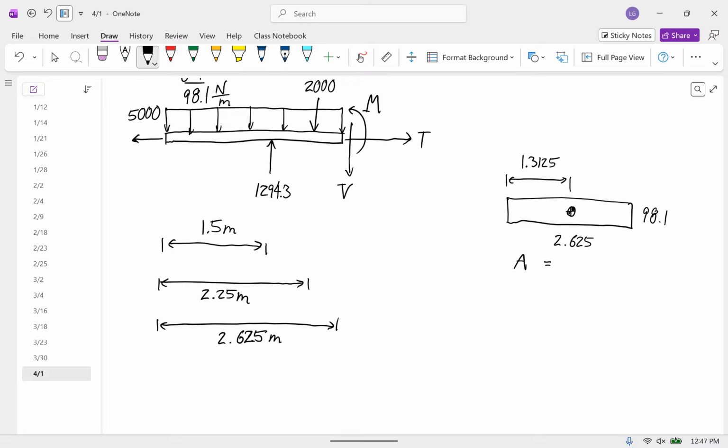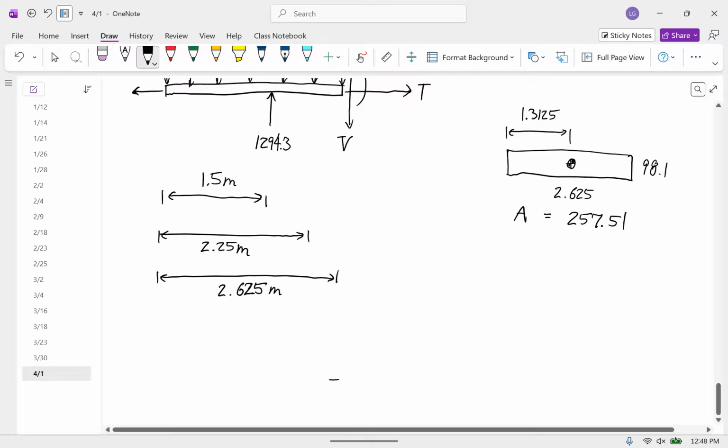And the area is 257.51. Are we giving the height or is it the same as the weight? So the height of that distributed load is the 98.1. Okay.